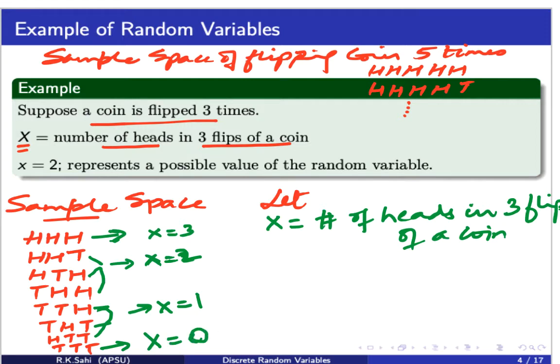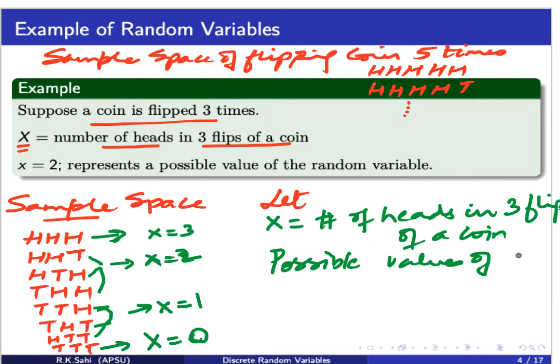So notice, instead of writing down this whole sample space, all the outcomes individually, we can say, hey, X is the number of heads in 3 flips of a coin. And what are the values my capital X can take? The possible values of this random variable, this capital X is a random variable. Remember, we talked about how we denote a random variable by a capital letter.